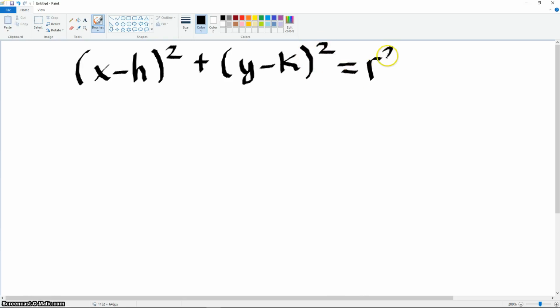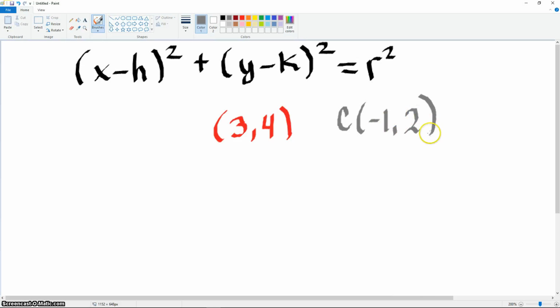And now I want to write down what's given to us. Well, the point 3, 4 was given to us, as well as the center, which I always like to abbreviate as C, is given to us, and that's negative 1, 2.